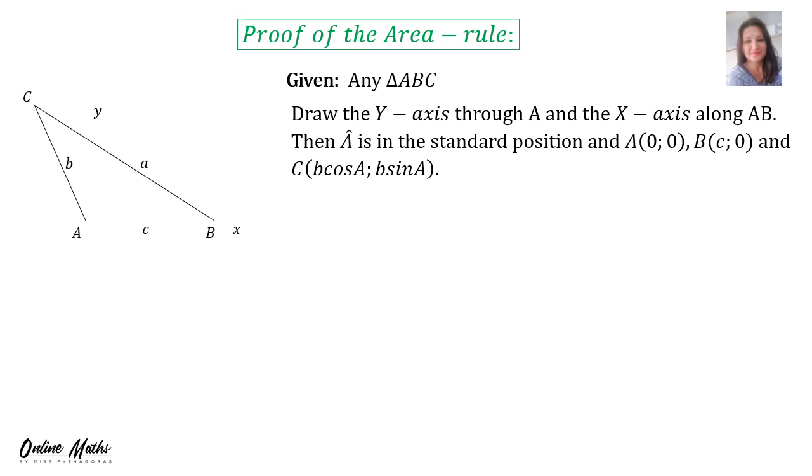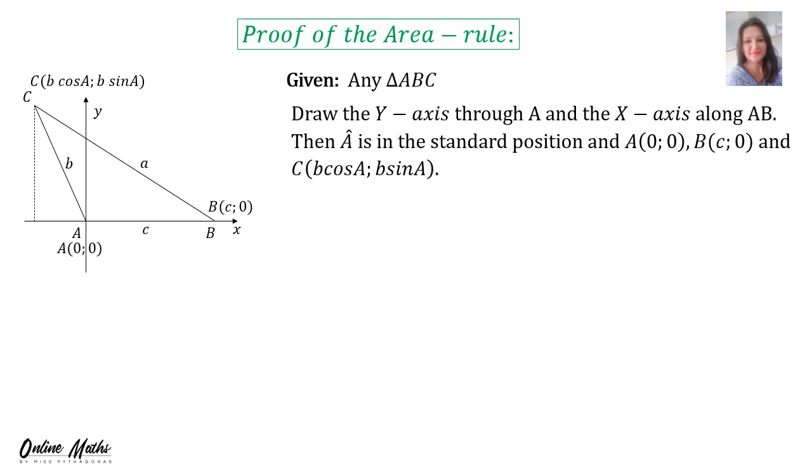Then draw the y-axis through A and the x-axis along AB. Then angle A is in standard position and A's coordinate is the point (0, 0). B's coordinate is (c, 0) and C's coordinate is the point (b cos A, b sin A). You don't have to explain to the examiner where that comes from. I explained it to you in the first slide so that you understand what happened there.